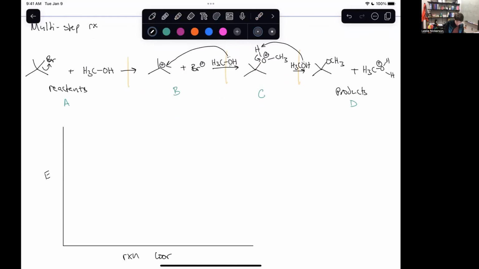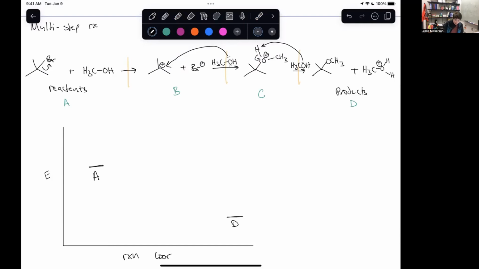When we're filling these out, I'm generally going to give you the starting and ending point, so you don't have to determine whether it's going to be endothermic or exothermic. I will usually give you that, or tell you to make sure that you draw it as exothermic or whatever. So I'm going to tell you that this process is going to be a little exothermic. So we're going to start with A here and D here.